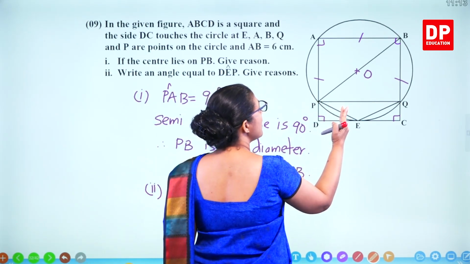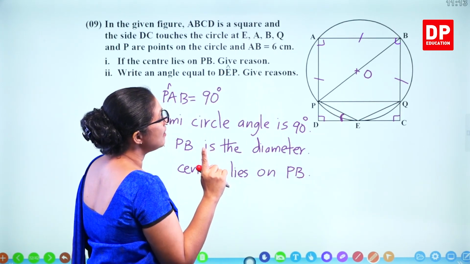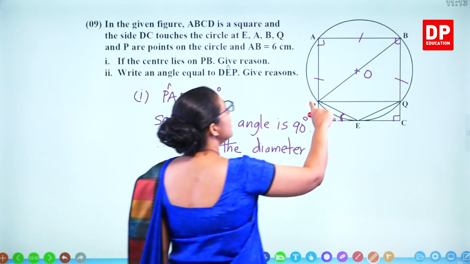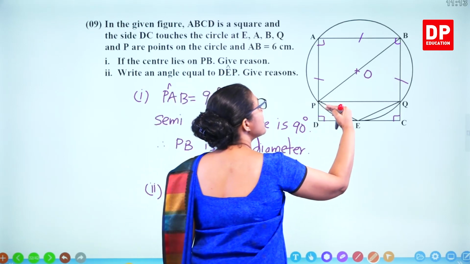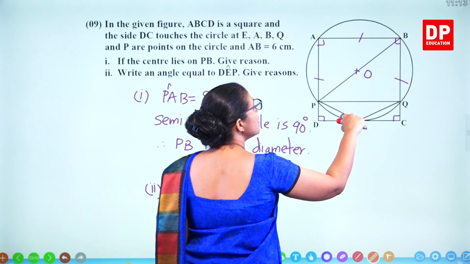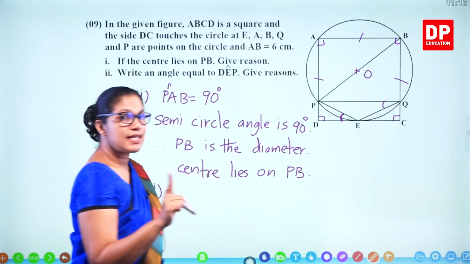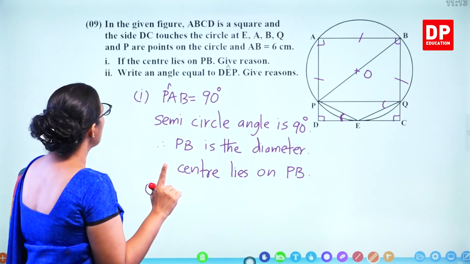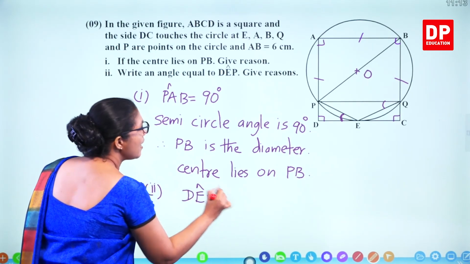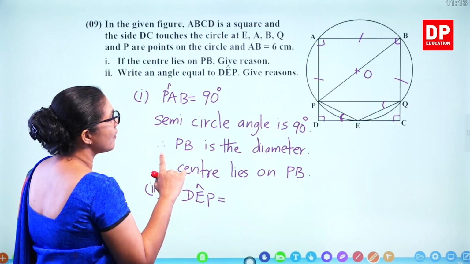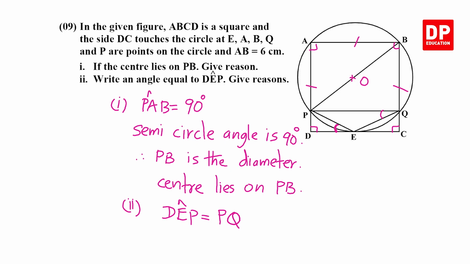That's equal to the opposite angle of this triangle here, the opposite segment angle. So this is equal to this angle. Alternate segment theorem. So we can write angle DEP is equal to angle PQE.